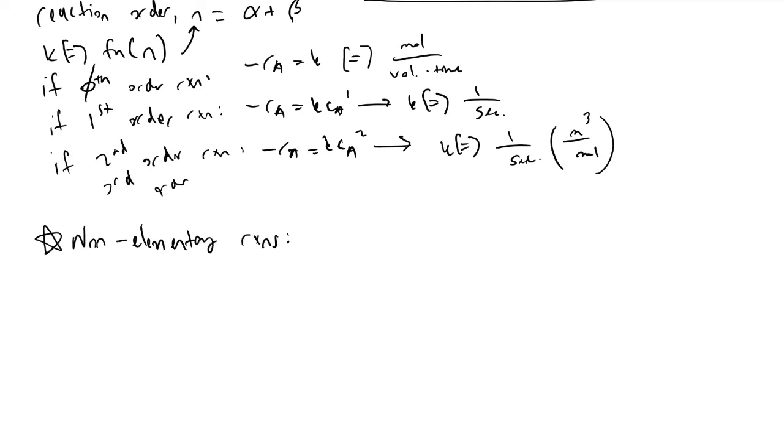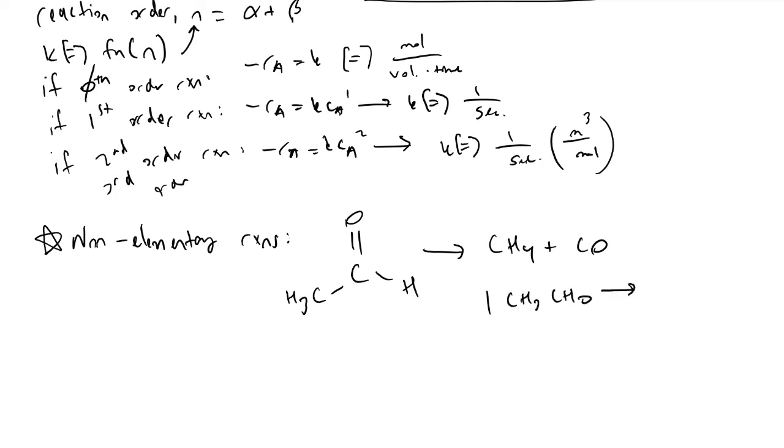An example of this would be the following, which we have CH3CHO decomposing into methane and carbon monoxide. And in this reaction, just to write it out more explicitly, we'd have 1 mole of CH3CHO becoming methane plus CO.